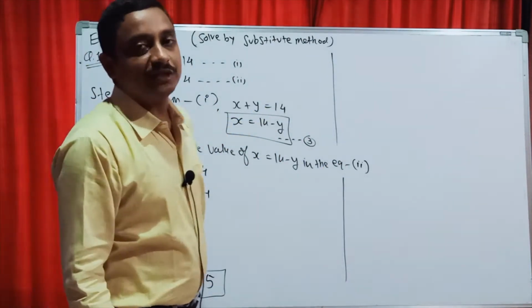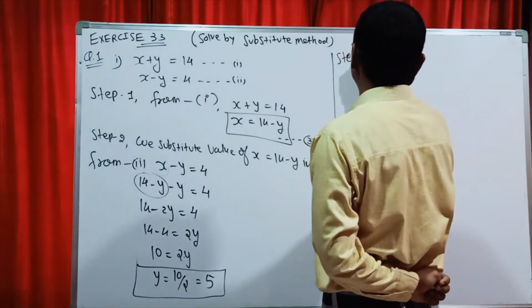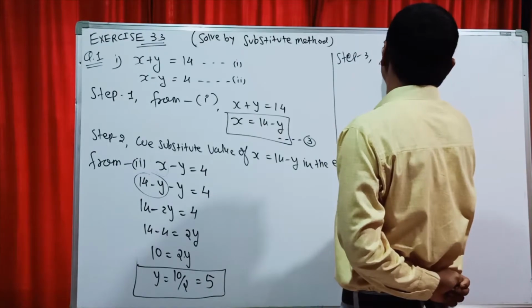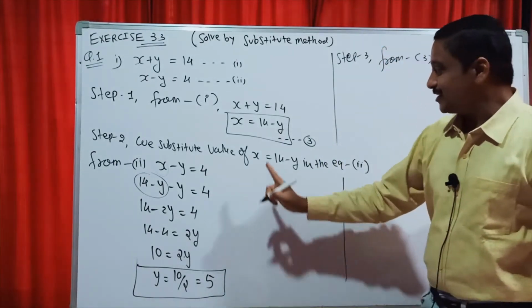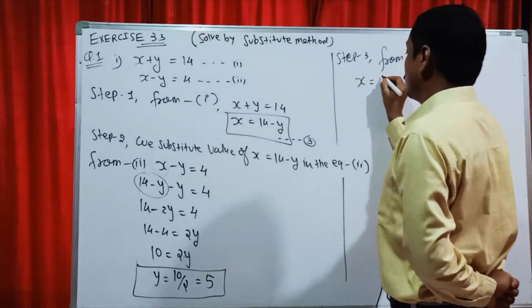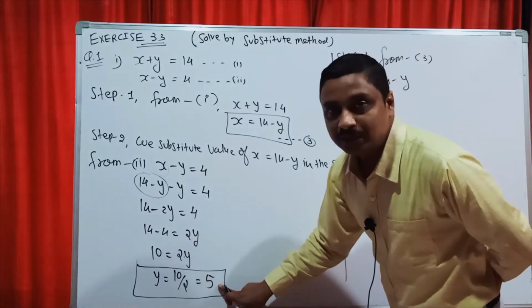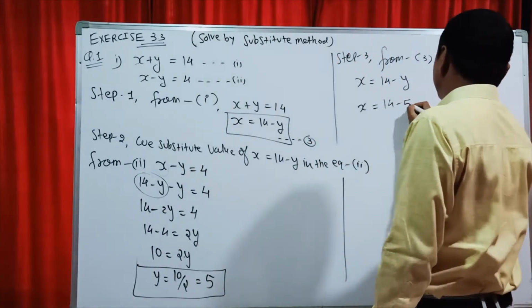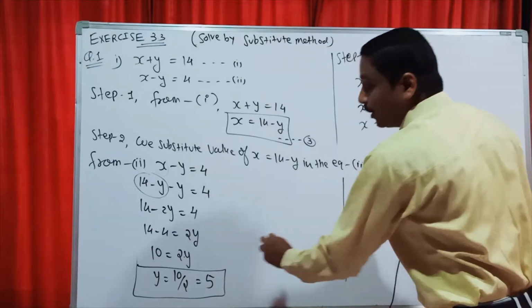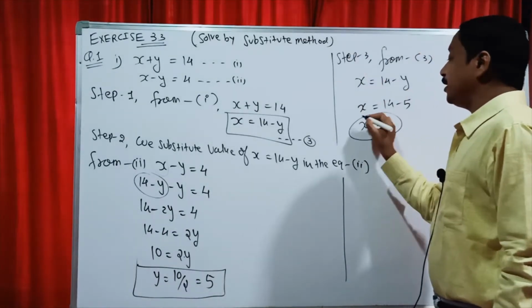Now students, I go to step 3. Yes, it's very easy. Our step 3 always starts from the third equation. Here, the third equation: x is equal to 14 minus y. And what is your y value? Yes, it is only 5. So 14 minus 5, putting the value y is equal to 5, it is 9.